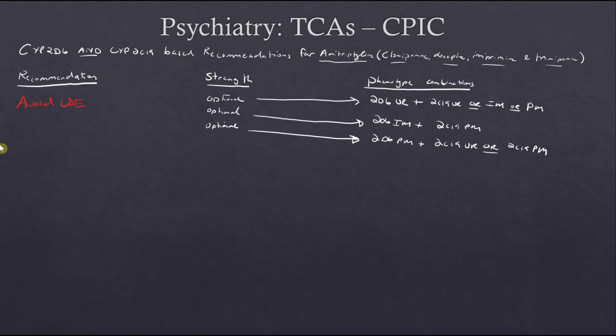You want to recommend that you avoid use of these TCAs. And then 2D6 poor metabolizer with a 2C19 ultra-rapid or poor metabolizer, you want to avoid use again. So several different combinations here. This is the biggest group of recommendations within the table. Now let's begin to look at the next set of recommendations.